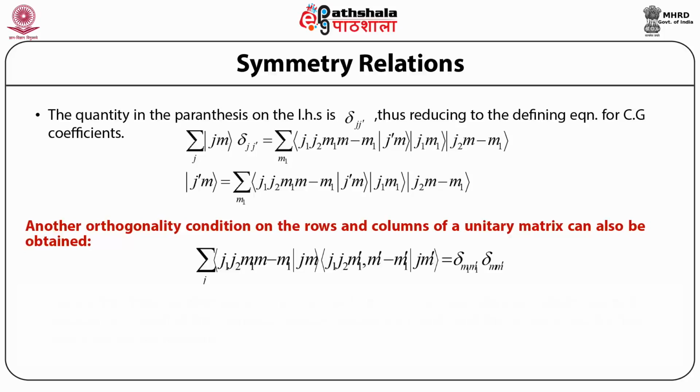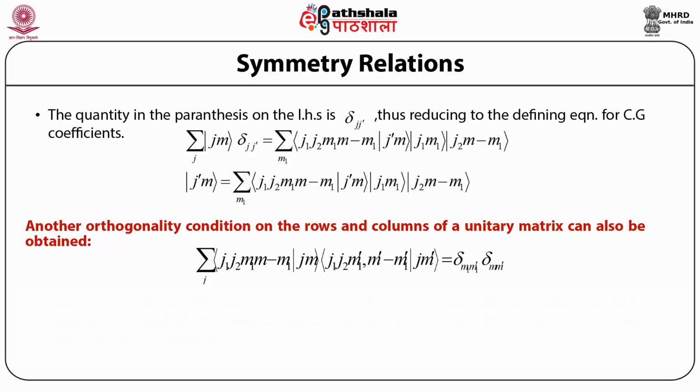The state vector ket vector j prime m is equal to summation over m1 bra vector j1 j2 m1 m minus m1 ket vector j prime m ket vector j1 m1 ket vector j2 m minus m1.